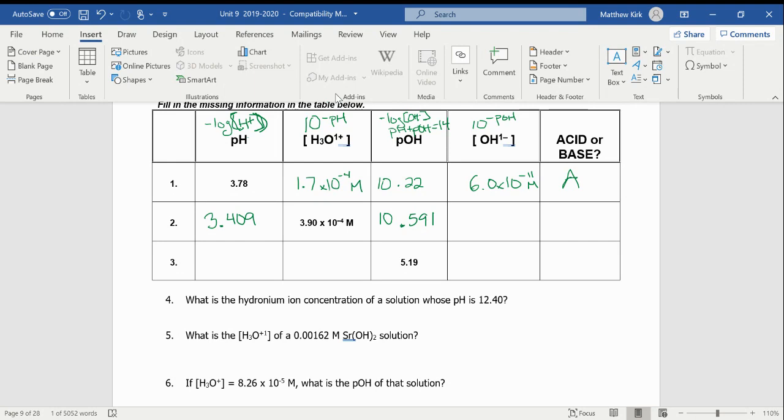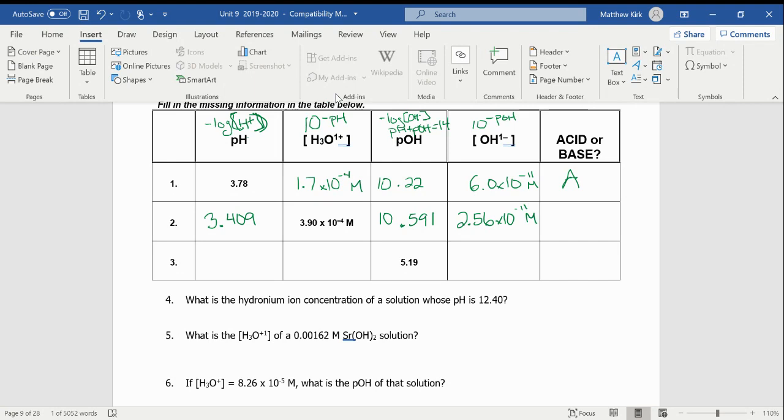And then finally, my OH minus concentration, my hydroxide concentration. Remember, that's 10 to the negative pOH. So 10 up to the negative 10.591. And I get 2.56 times 10 to the negative 11th molar.